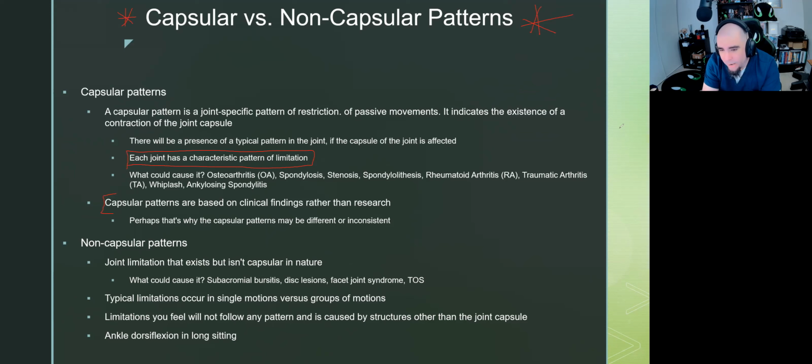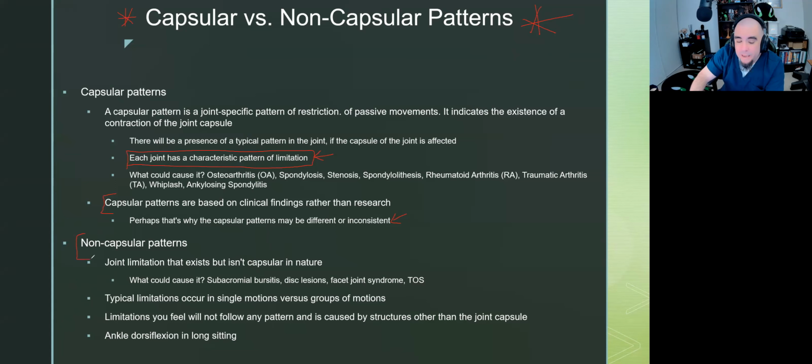And we're going to talk about why it's important here in a second. So that's a capsular pattern. And the main reason is capsular patterns may be different or inconsistent, and they're not the same for every joint. So in order to understand if you have a capsular pattern or not, you have to know what joint you're talking about and what a normal capsular pattern looks like for that joint.